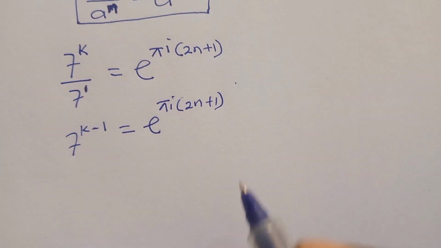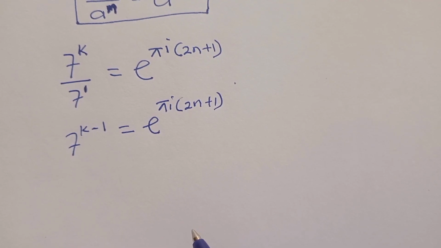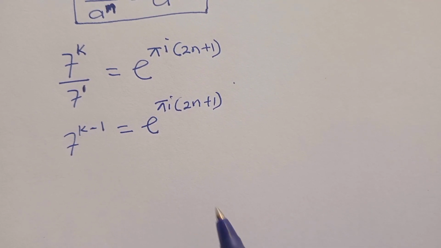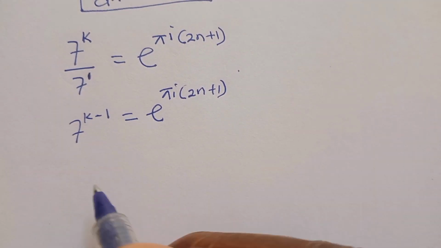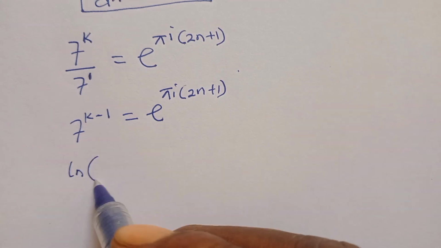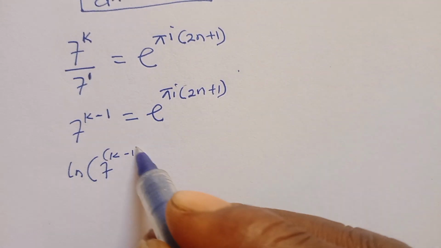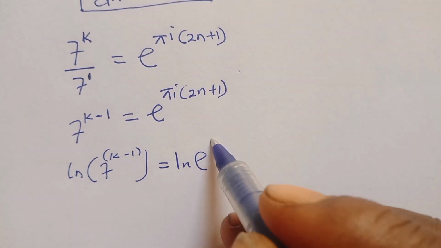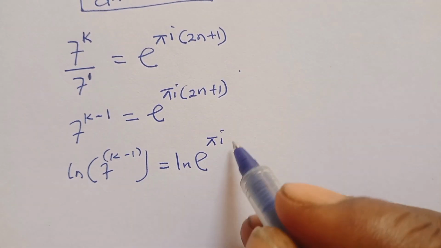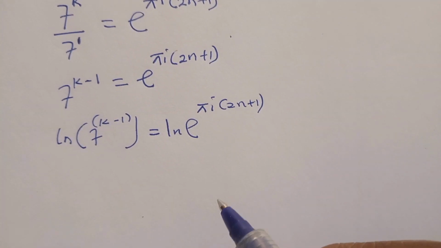Now from here, the next thing that I want us to do is to apply ln to both sides. So by applying ln to both sides, we have ln of 7 raised to the power of k minus 1 equal to ln of e to the power of pi i into bracket 2n plus 1.